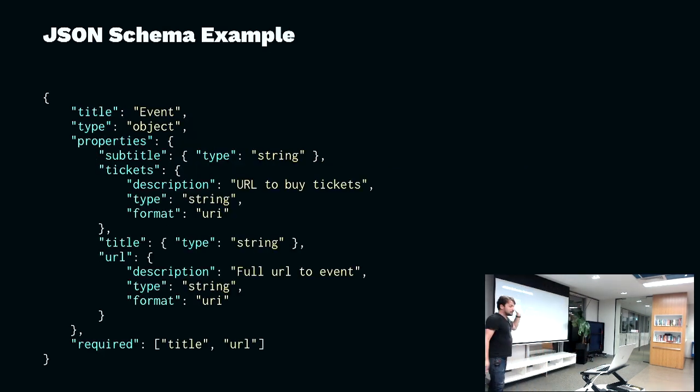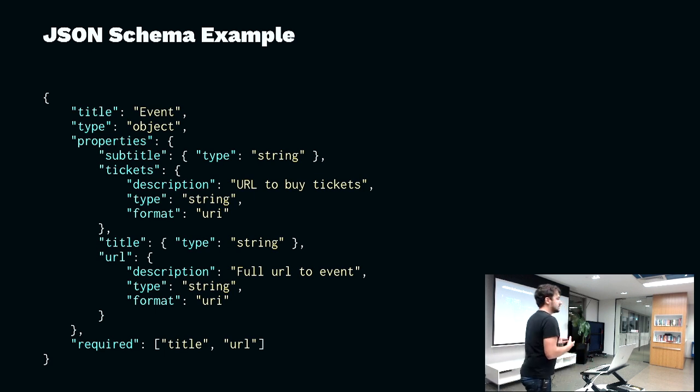The type of it is an object, and you can see the properties of subtitle, tickets, title, URL, and how it's descriptive. It's got a type, it's got a format, and these formats actually do mean something. They're defined by the spec, and what's most interesting to client developers would be the required bit. These things are not optional in this case. So the object previously would not be valid if it didn't have those two elements.